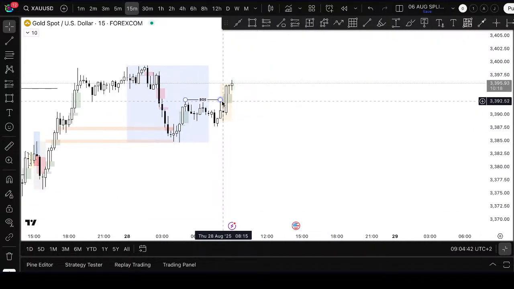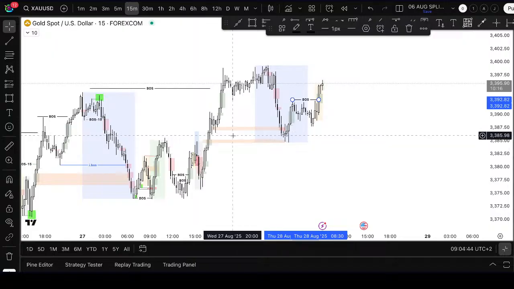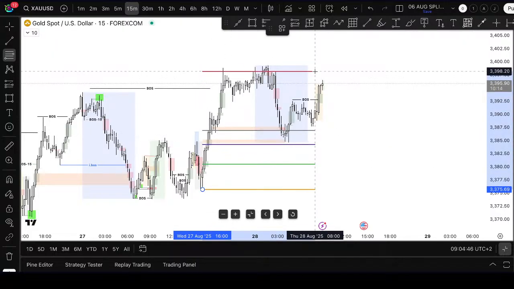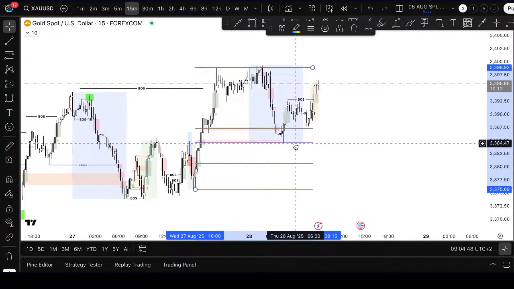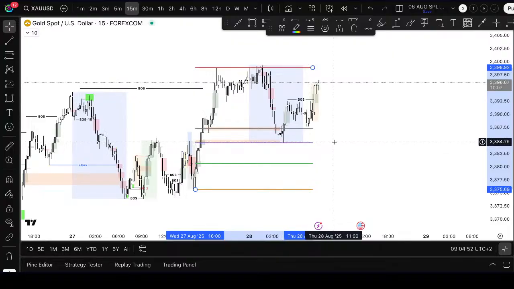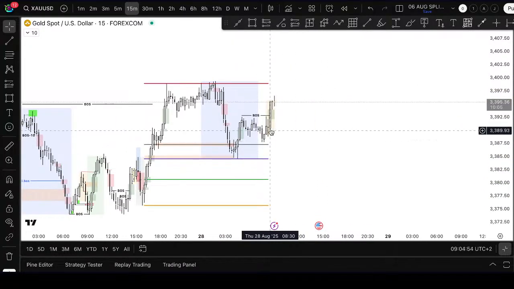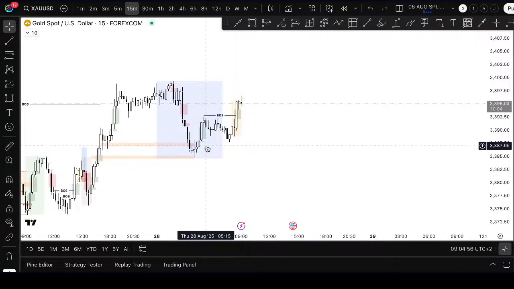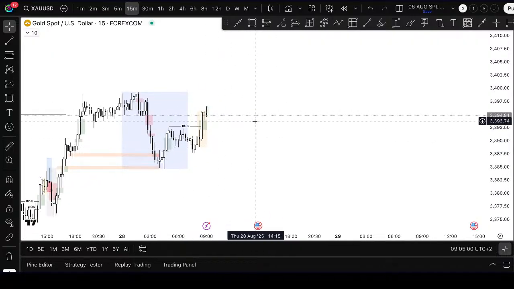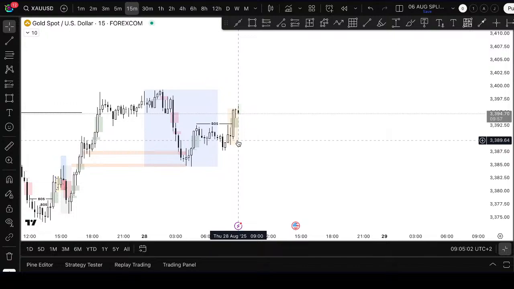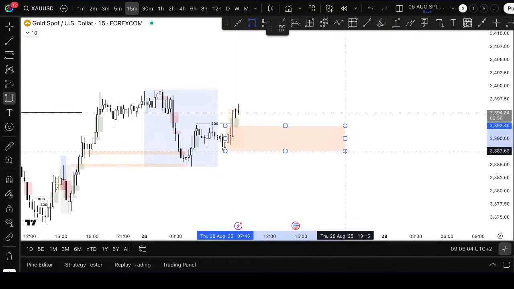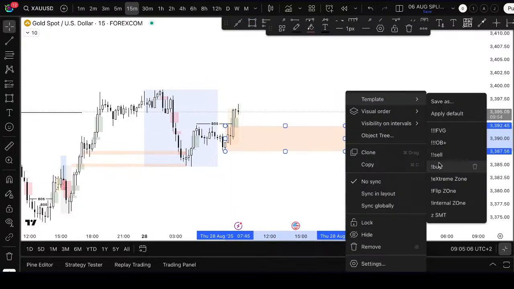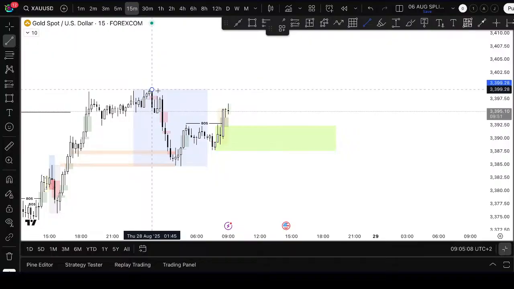Now the question is, where will we look for long? Here we can see that this has moved around 61.8 percent in the Fibo level, which is highly good. It has come here, respected this FVG, and created a strong break of structure in the M15. So we'll be looking for buys in this section, and our target we can say is the draw of liquidity here.